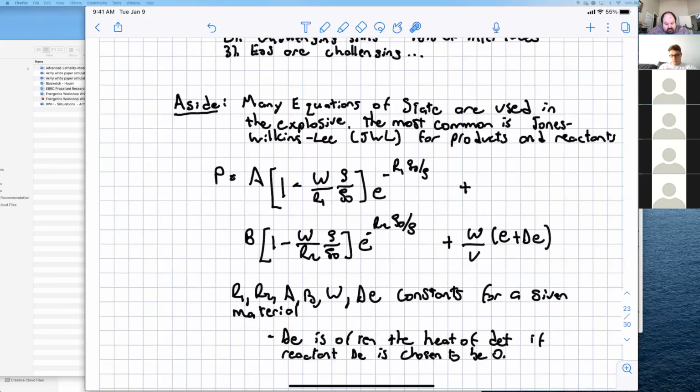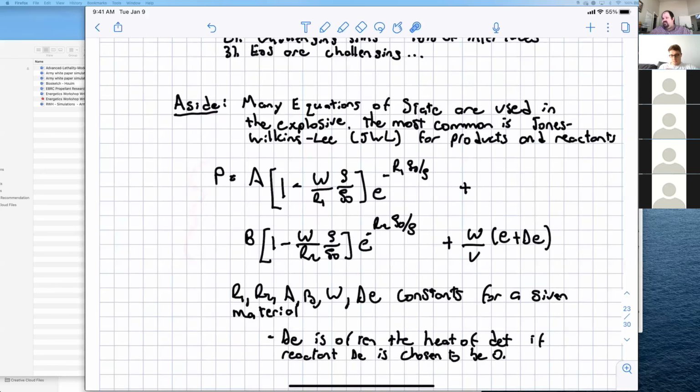One of the most common ones used in CTH is called JWL, the Jones-Wilkins-Lee equation of state. It's one of the simpler explosive product equations of state, and there are tables of parameters available.